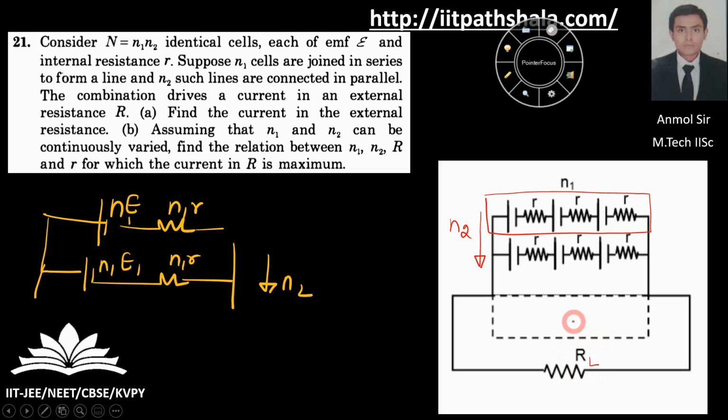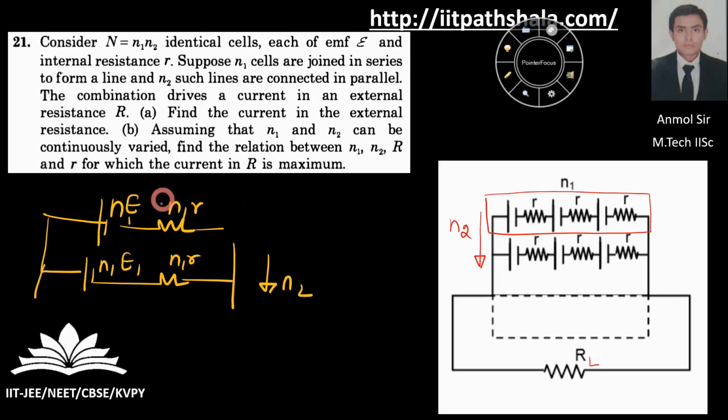So what I have done is, first I have made the whole circuit. Okay, then I have simplified the circuit. As you can see over here, every battery is connected in series. So what I have done is add up all the batteries which are connected in series as per the concept, as well as the resistances are in series.